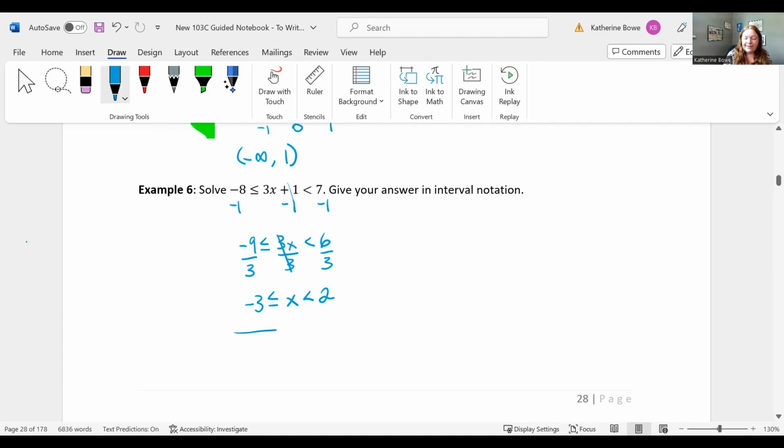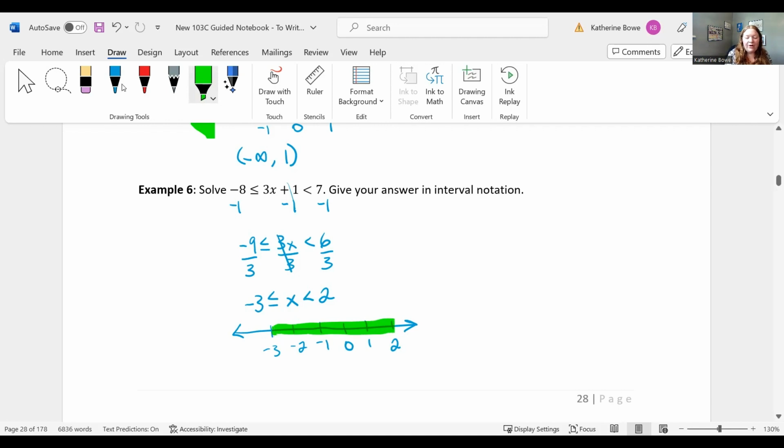So let's go ahead and write this on a number line. So I've got -3, -2, -1, 0, 1, and 2. X has to be bigger than or equal to -3, but also it has to be less than 2. And so this comes out to being between -3 and 2.